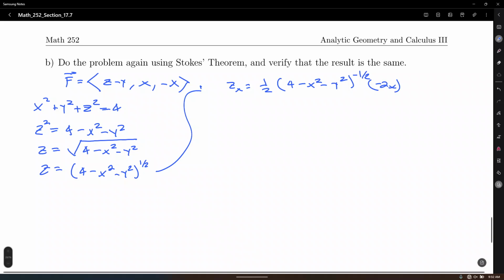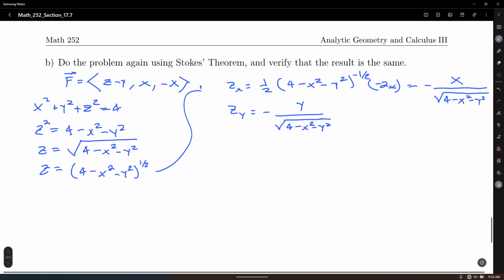Simplify to get, well, I think we did something like this before, right? That's a negative, and I think it was the same surface. Anyway, I think there was a 16 instead of a 4. I don't know, but the derivatives were computed the same way. And likewise for z with respect to y. Same, just replace the x with a y: negative y over the square root of 4 minus x squared minus y squared.